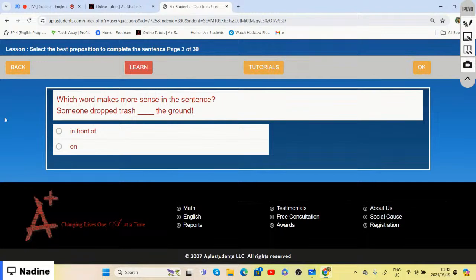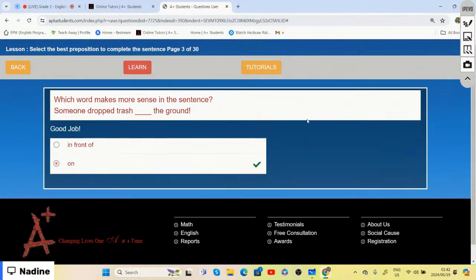All right, so we can then say, because remember, somebody can't be dropping something in front of the ground, but it's on the ground, right? So on the ground is correct.